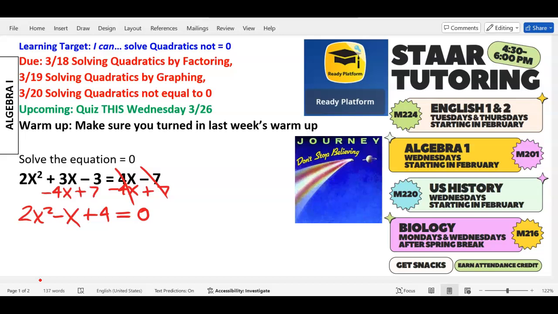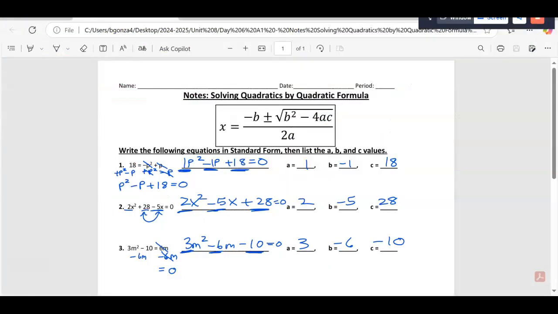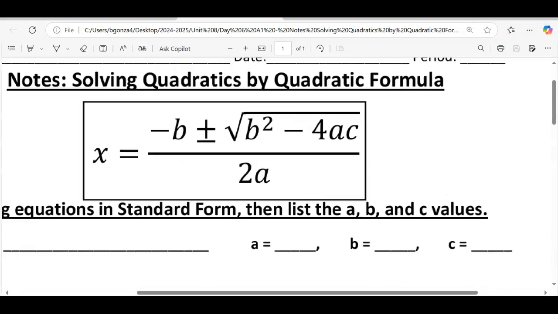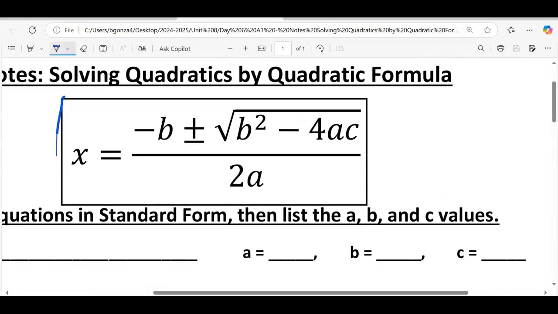Because near the bottom of this reference material, is everyone looking? It says quadratic formula. Now look at your notes for today. At the top, you have the quadratic formula, okay? So this thing right here is one way to solve a quadratic equation, okay?